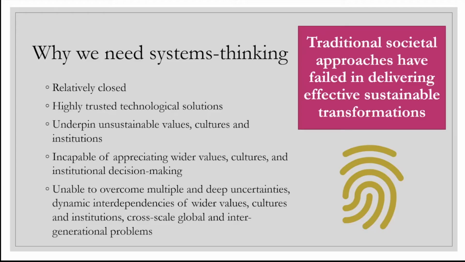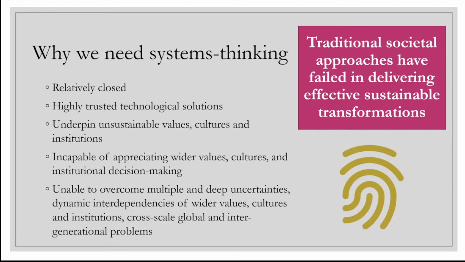Moreover, there are the challenges of multiple and deep uncertainties, dynamics of interdependencies, of wider values, cultures, and institutions across the globe, and intergenerational problems. So these are again all the things which are putting pressure on us. And there again, we have come across governance structures, which are sometimes top down, or they could be bottom up, but we need an integrated approach there too.